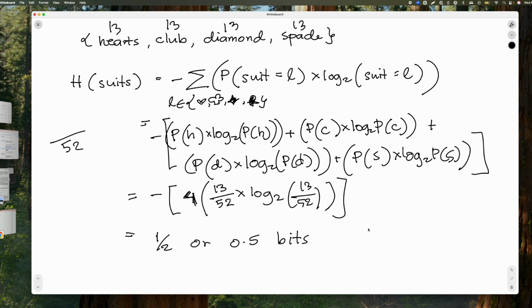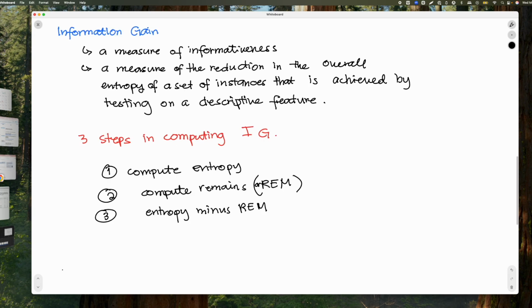So yeah, that's how we calculate for entropy. So now that we know how to solve for the entropy, let's jump into information gain. So I hope it was clear what entropy is. So basically, Shannon's entropy is a measure of uncertainty or impurity.